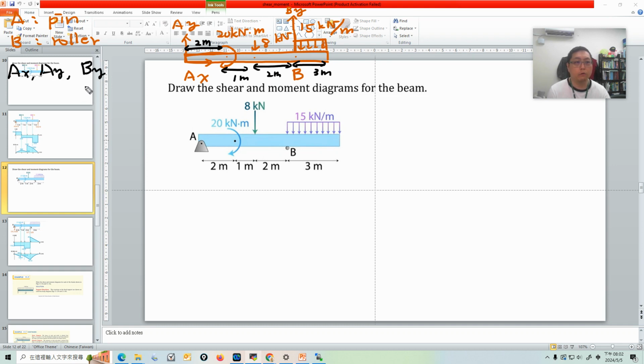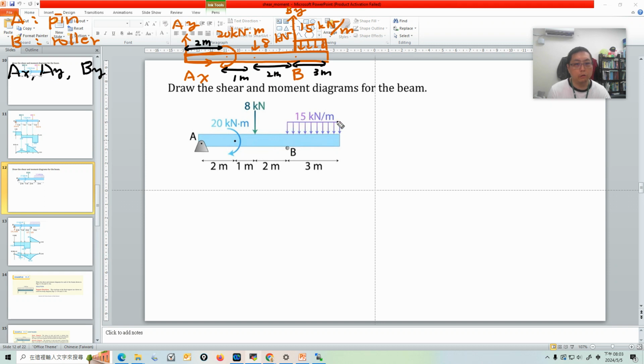Then we use the rigid body equilibrium, and we see here we have the distributed load. So when we want to do the rigid body equilibrium, we have to simplify this distributed load. It has two goals: find the magnitude of the resultant force and the position of the resultant force.